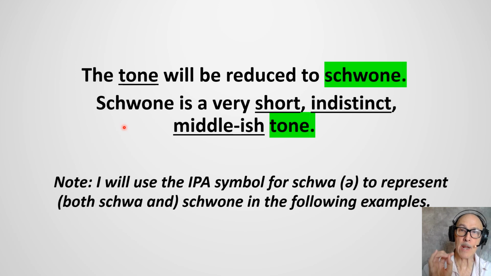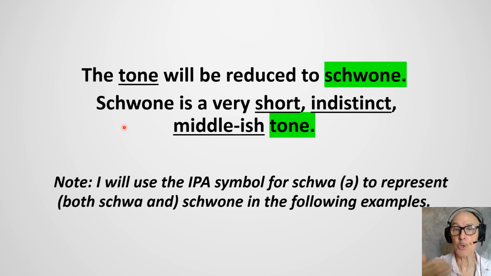And then middle-ish. The vowel, schwa, was a central vowel. This tone, schwon, is a middle-ish tone. By middle-ish, I mean it's maybe not always exactly in the middle, but it's floating around the middle. So it's kind of like a middle tone. So just like with schwa, no matter what consonant or vowel precedes it or follows it, it's always close to schwa.